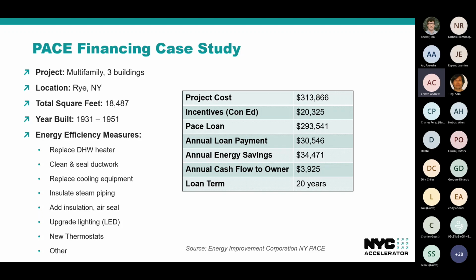And since the savings are projected at $34,000, there's actually a $4,000 excess cash flow that the building gets. So again, 100% financing. The building owner didn't come out of pocket at all, and they're going to be able to pay for this every year for 20 years, and then in addition have the $4,000 extra each year. You can go to the next slide.